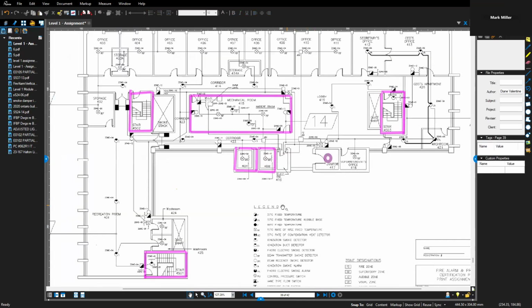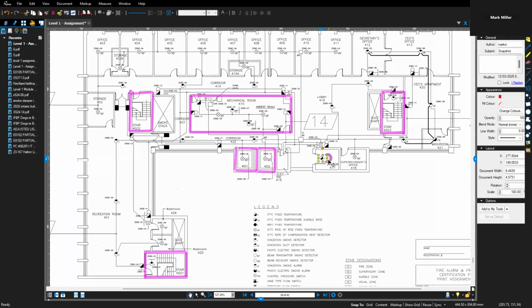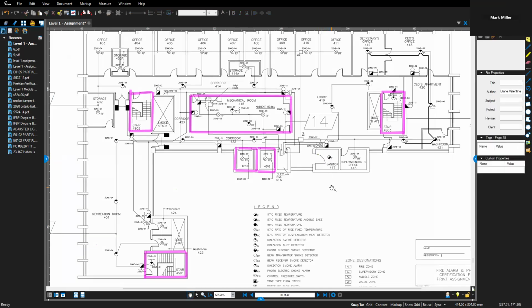But I could always do this. I could take a snapshot of it and bring it over here because I'm working with a PDF editor because this is what I use at work during the day as well. So I'm very familiar with these. I'm very comfortable with it. If you don't use PDF editors and things like that on a day-to-day basis at your job, don't worry about that.